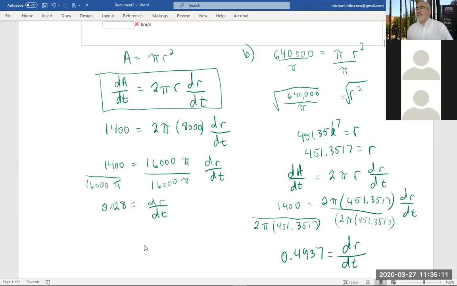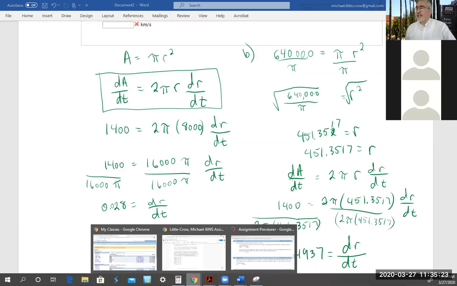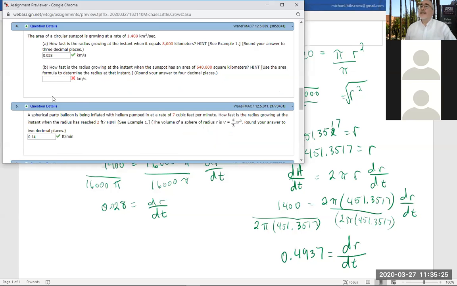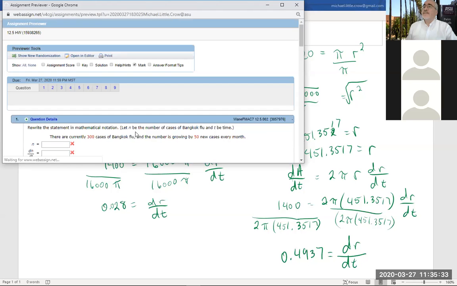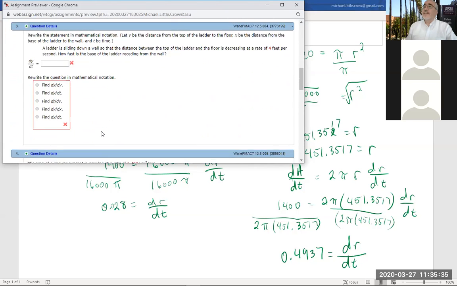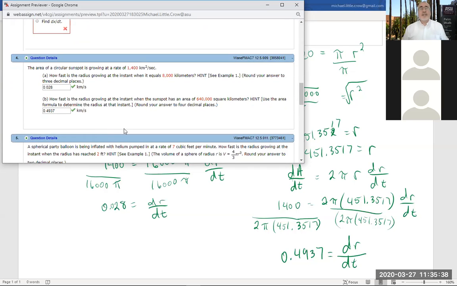Okay. So when the area is smaller, the radius is actually growing faster to keep up with it. And again, we could do a check on that. And there's this good. Okay.